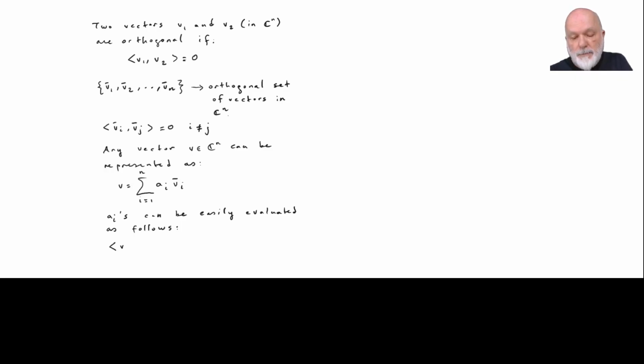The inner product of v with v1 bar is equal to, without proving, we will claim that we are able to interchange inner product operation and summation, the sum over i from 1 to n of ai times the inner product of vi bar with v1 bar.